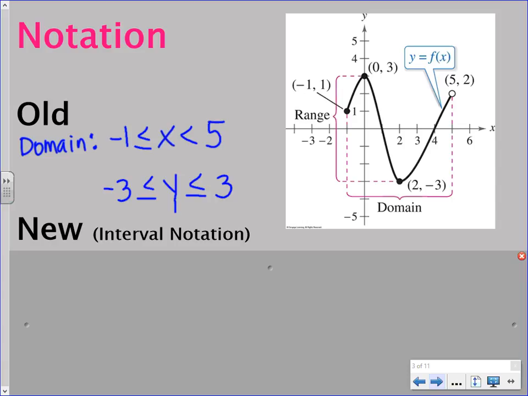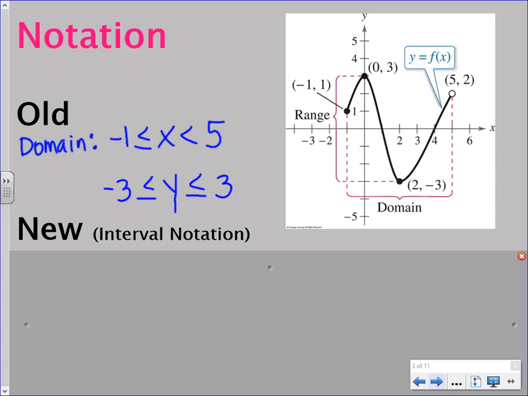And I don't even care what the back of the book does. I think they do interval notation. Every once in a while they'll throw this notation back, but all the time we're doing interval notation. Okay? So this is what happens with interval notation. Okay? Our old notation, if we had an inclusive coordinate, we would put the underline under the alligator.